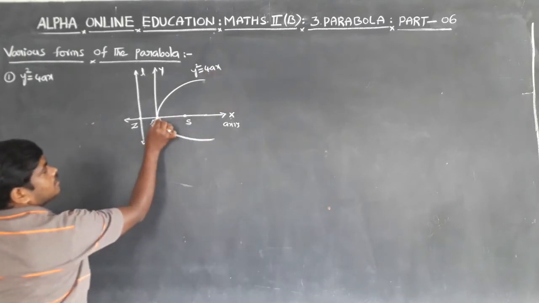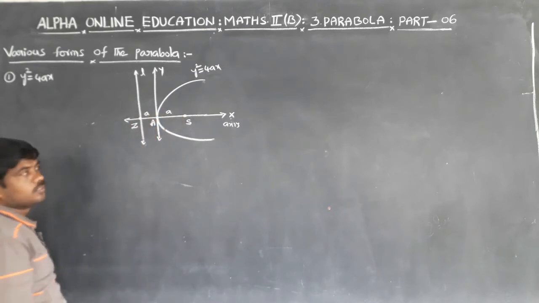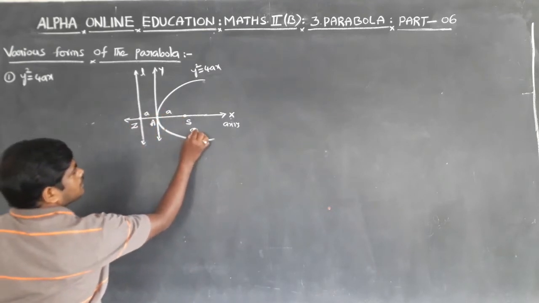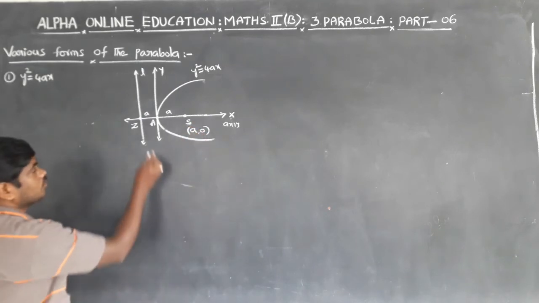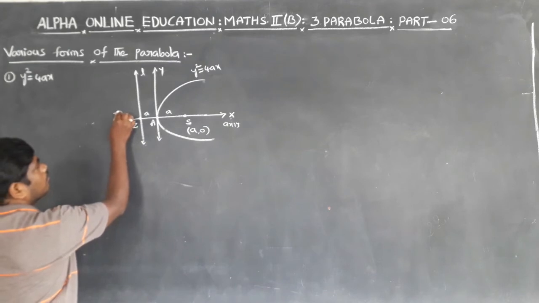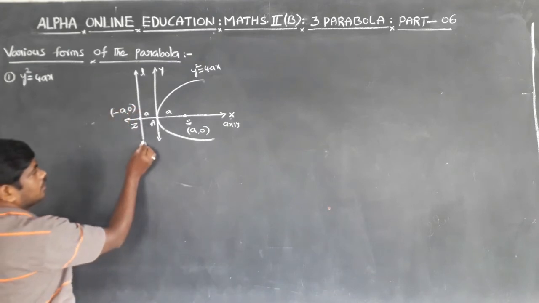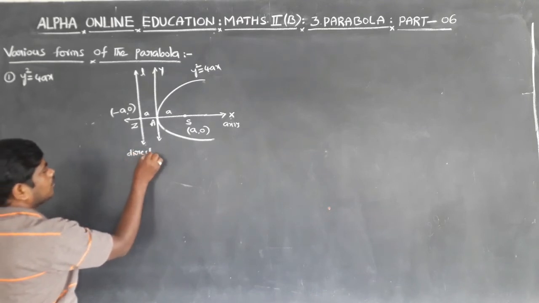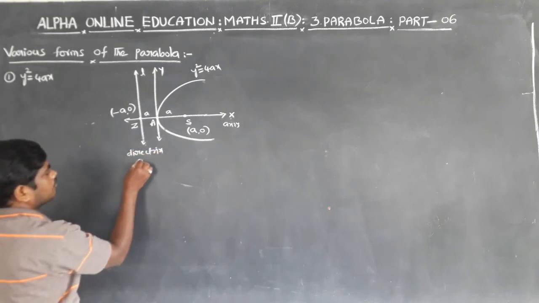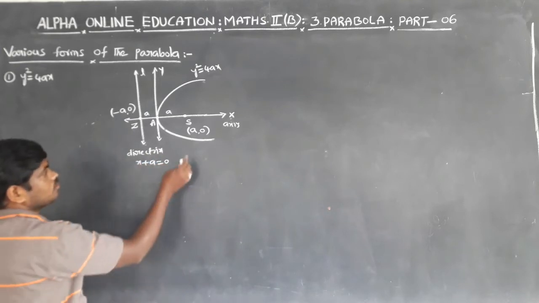SA is equal to AZ is equal to small a. So focus S is a comma 0, Z is minus a comma 0. Here equation of the directrix is x plus a is equal to 0.